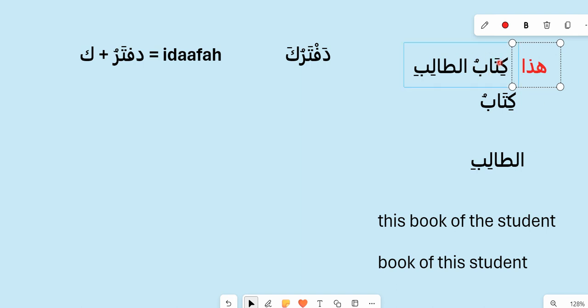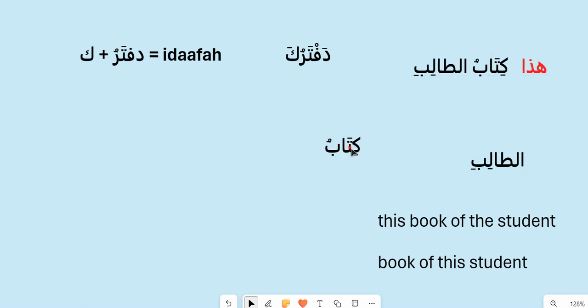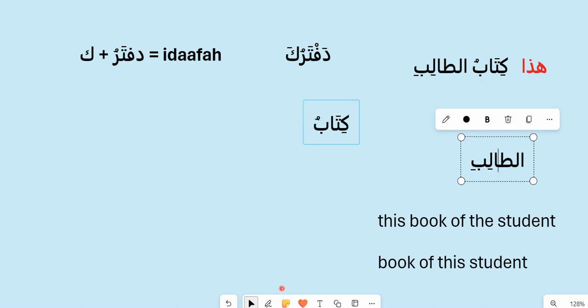In this case, what you have to do is take the mudaf and then the mudaf ilayh. My whiteboard is kind of stuck. So you just need to take the mudaf and the mudaf ilayh.